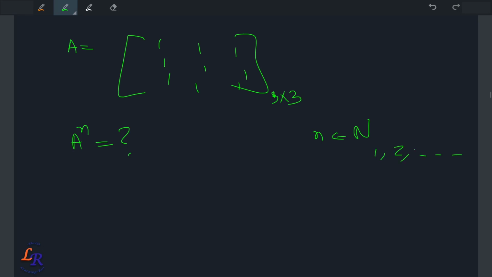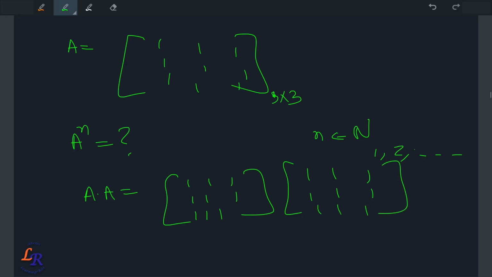To find it, first let's find A times A. You multiply the matrix of all 1s with itself, multiplying this row with this column, and you will get this element as 3. So every element will be 3.